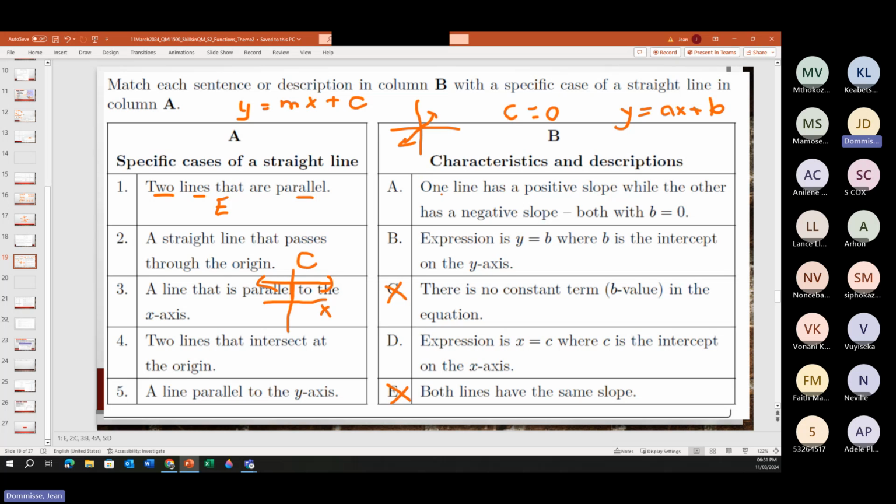Again, that is looking at two lines, so it can only be B or D. The expression is y equals b, where b is the intercept. Okay, that is true. The expression is x equal to c, where c is the intercept on the x-axis. Not true, because it goes through the y-axis.